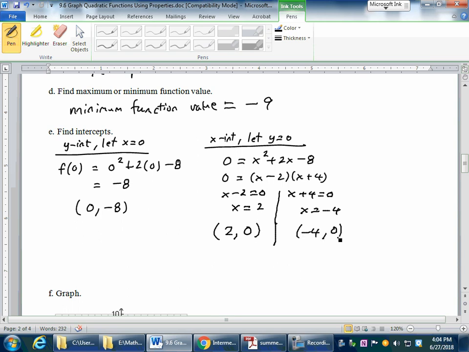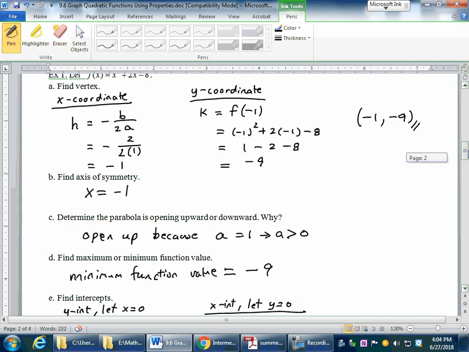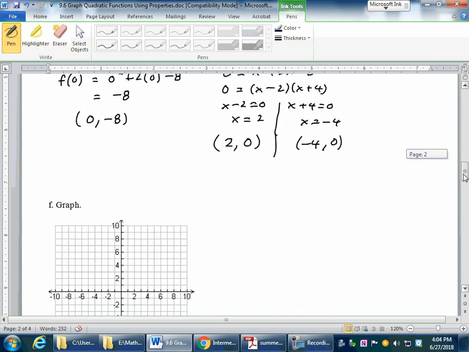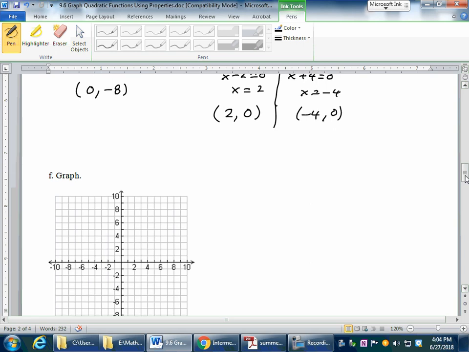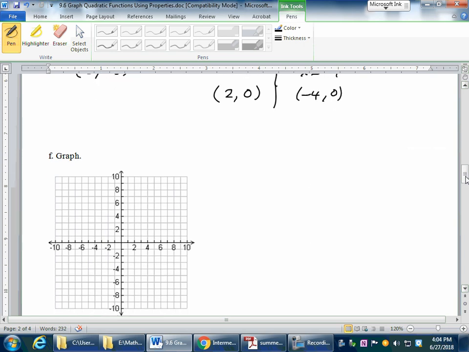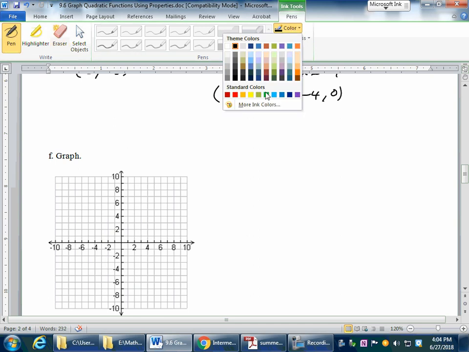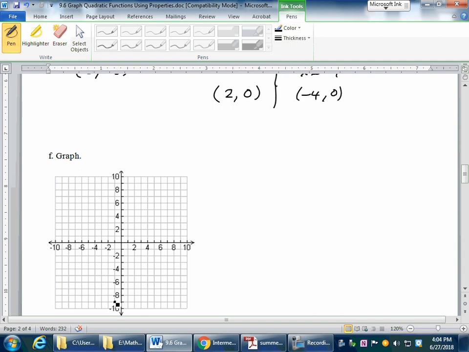Now we're going to use the vertex and these x-intercepts and the y-intercept to graph it. Remember that my vertex is (-1, -9), and here are my x-intercepts and y-intercept. So my vertex is (-1, -9), which is way down here.